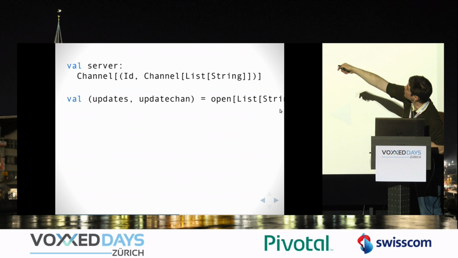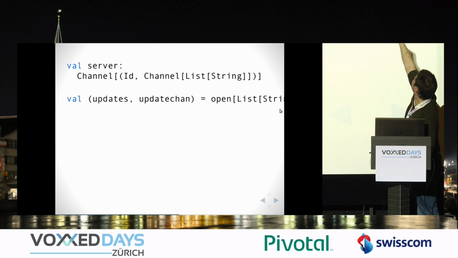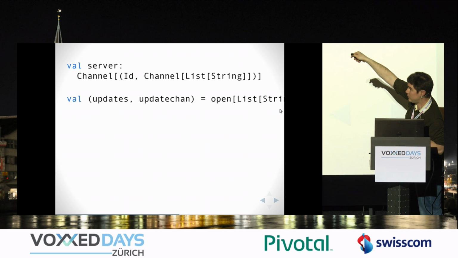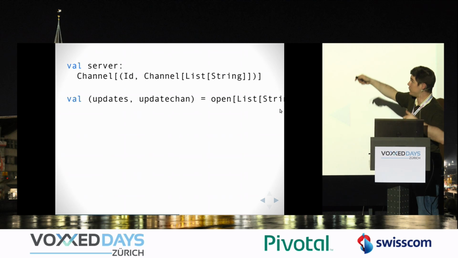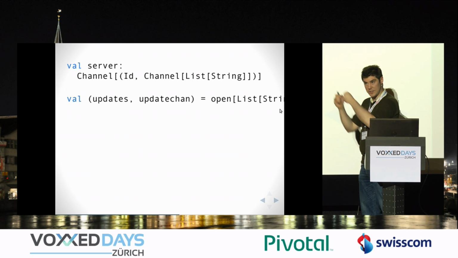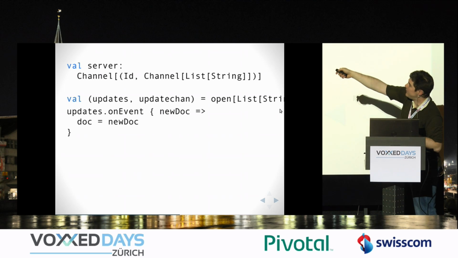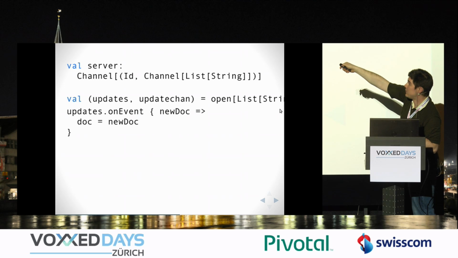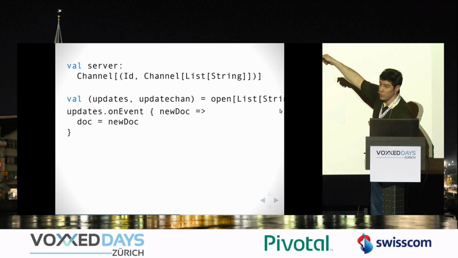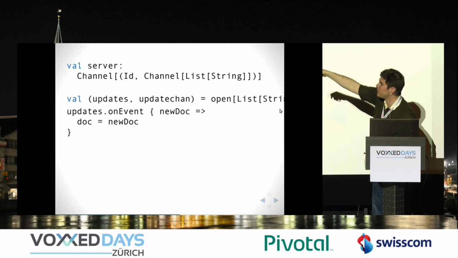And then what the client needs to do, it needs to open a new channel event stream pair, which is composed of updates, which will contain the events coming from the server, and the writing end, the update channel, which it sends to the server. And then, when an update comes on this event stream, it will take the new document and replace the old document with the new one.